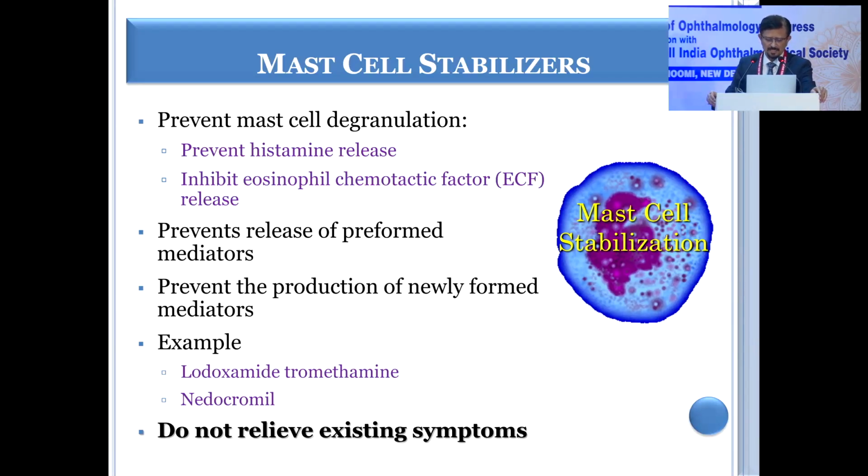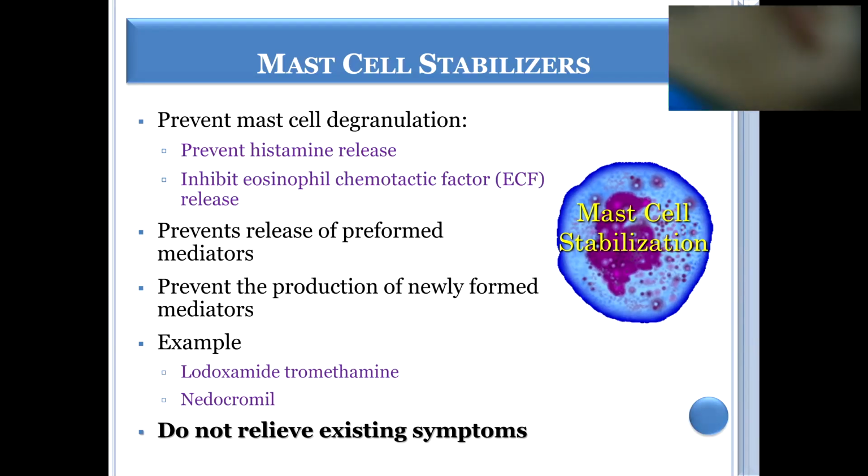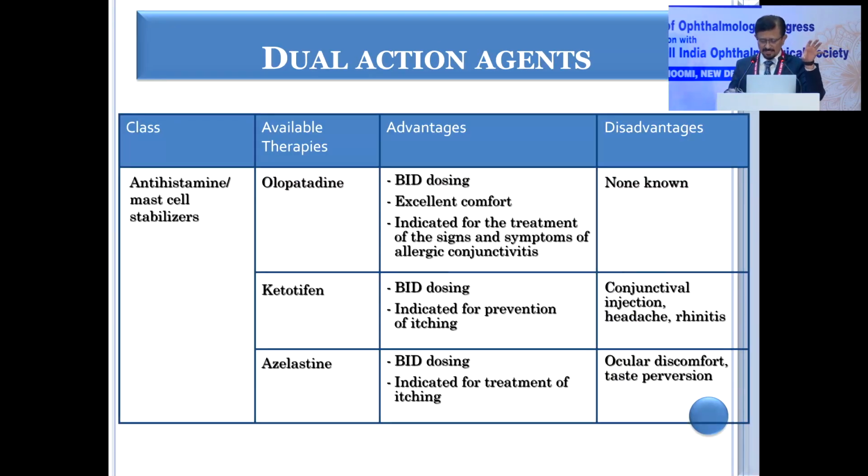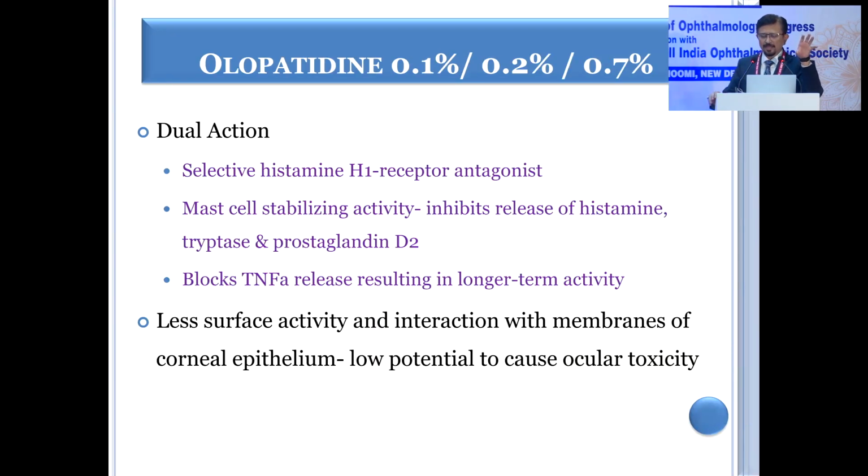Mast cell stabilizers stabilize the mast cells, so they prevent the release of histamines. They don't work on the already released histamines, but they prevent the further release of histamines. And the dual acting agents, something like olopatadine, work on both. They not only stabilize the mast cells, but also work on the released histamines.